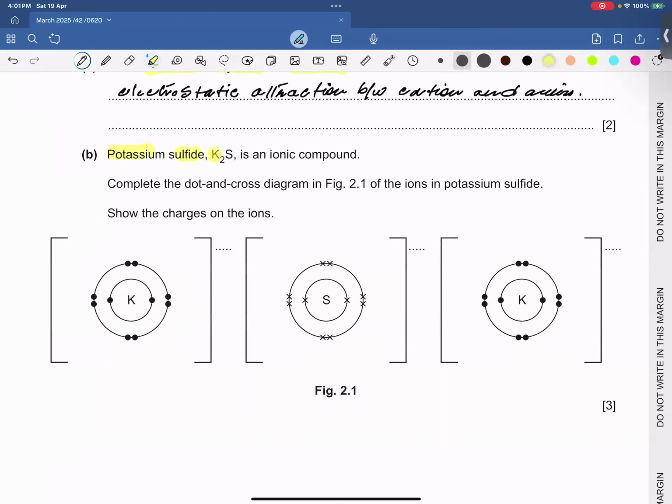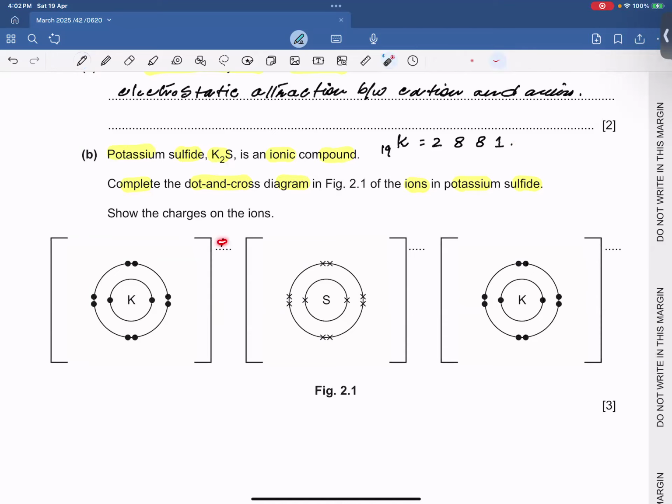Potassium sulfide K2S is an ionic compound. Complete the dot and cross diagram in figure 2.1, showing the ions in potassium sulfide. Now potassium has a plus charge, and potassium has an atomic number of 19, which means it has 2 electrons in the first shell, 8 electrons in the second shell, 8 electrons in the third shell, and 1 electron in the last shell.